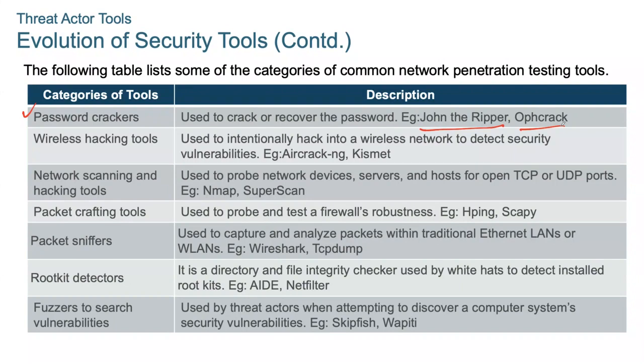The password crackers repeatedly make guesses in order to crack the password and access the system by some brute force mechanism. An example of these password cracking tools is John the Ripper. This is the most famous tool for password cracking, which is readily available on your Linux system.